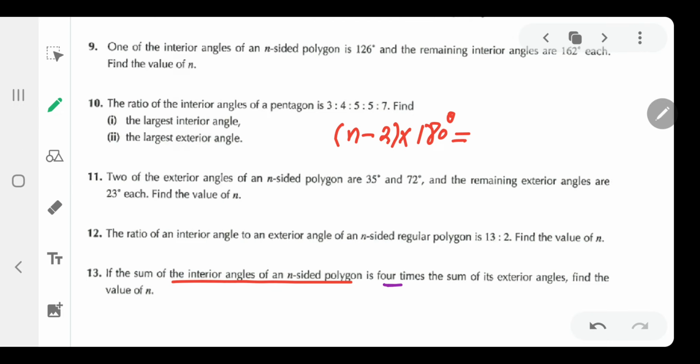This is 4 times the sum of exterior angles. What is the sum of exterior angles? It is 360 degrees, right? Now by performing simple calculations, we have to find out the value of n, which gives us the number of sides.